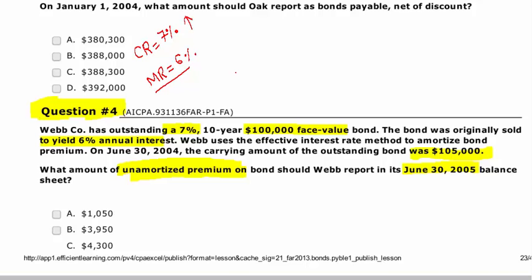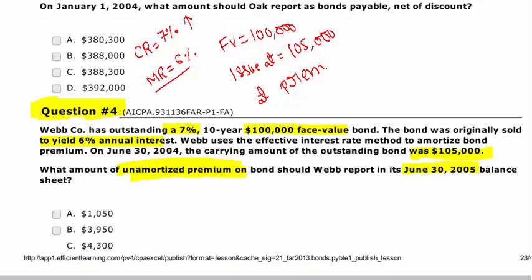The corporation issues at a higher price than the face value. The face value is $100,000 and the issue price is $105,000. So there is a premium on the bond instead of a discount.